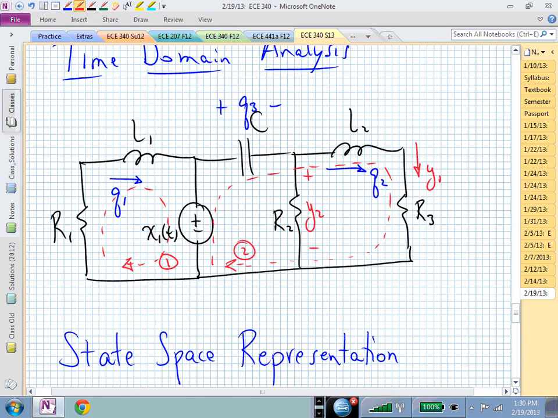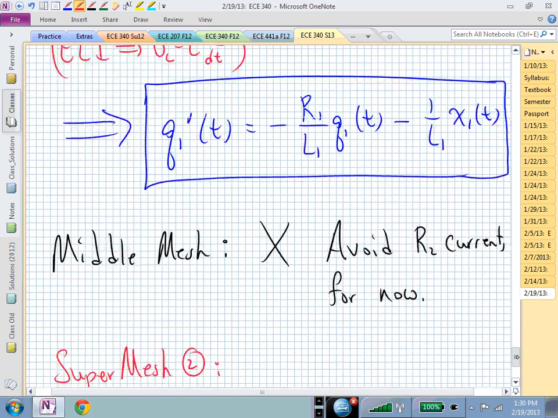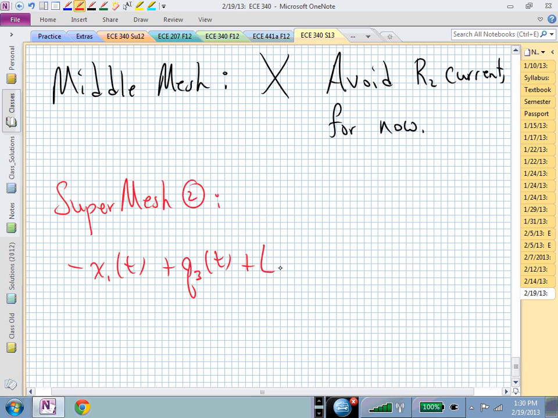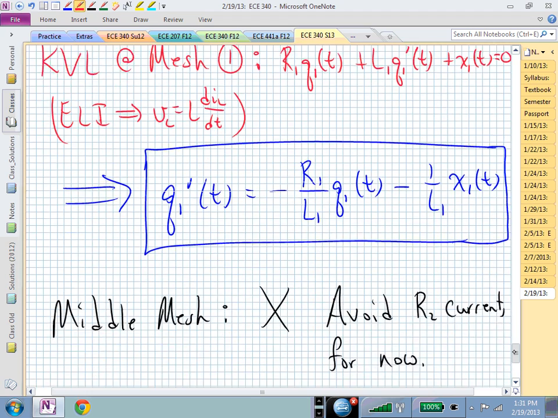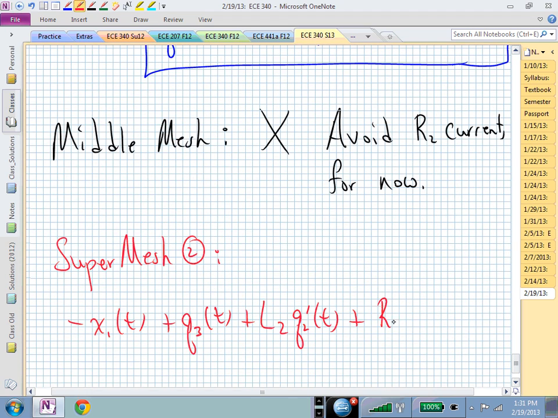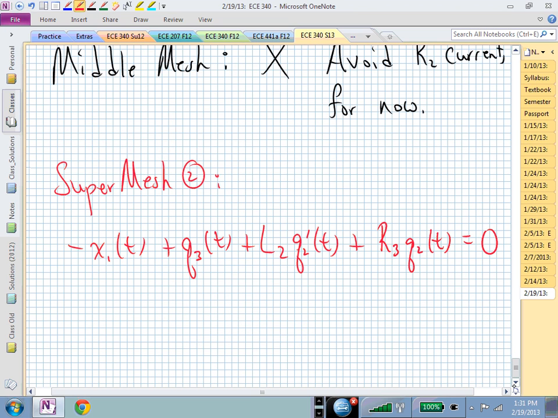Now I have the voltage dropped across that inductor, and that's from Eli. That's just L sub 2 times the derivative of q sub 2. And then I have the drop across R sub 3, but I have the current through R sub 3. That's just q sub 2. And that equals 0.